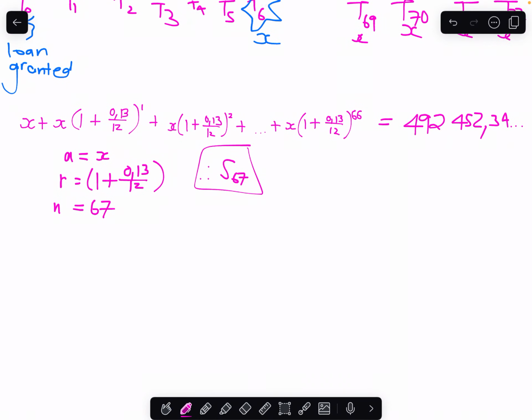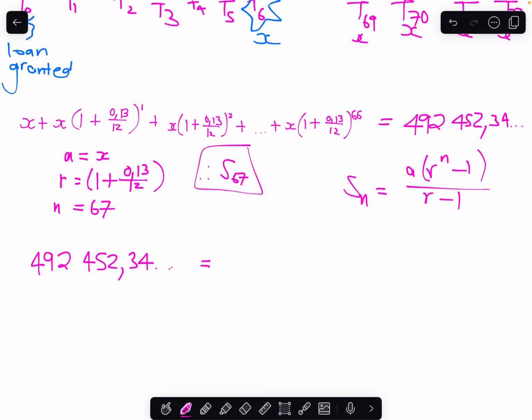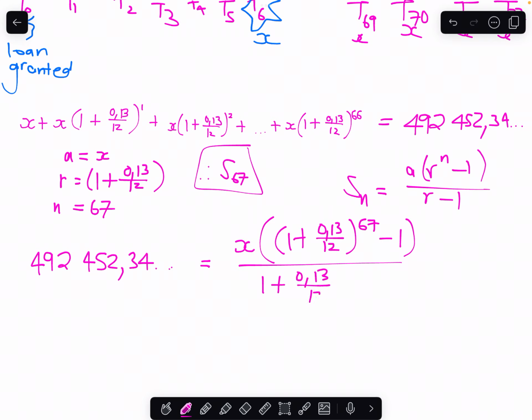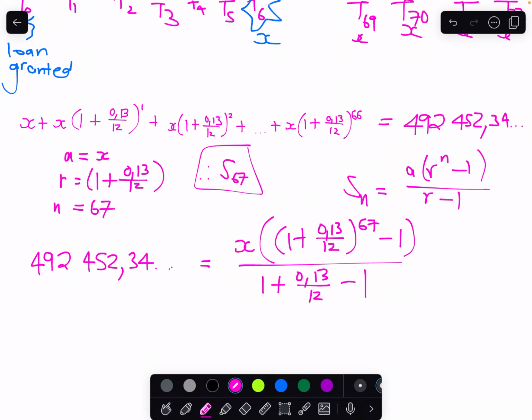The geometric series goes like this: we have our sum value, and then our a is unknown, our r is this, our n is 67, and then down here we have the r again, minus 1. So these will cancel out.